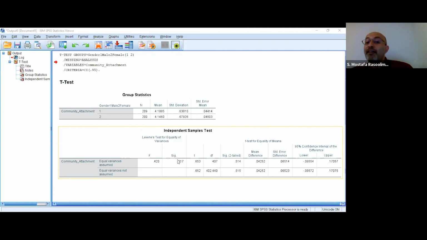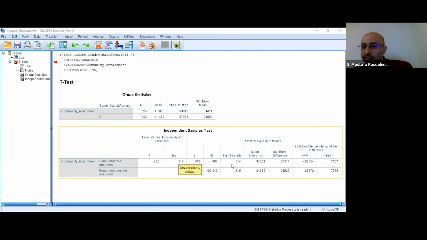If this p-value is higher than 0.05. Okay, so based on this value, we need to interpret one of these rows. Here, the p-value is higher than 0.05, meaning the variance of these two groups are equal, right? So we need to interpret which one? Equal variance assumed, equal variance not assumed.